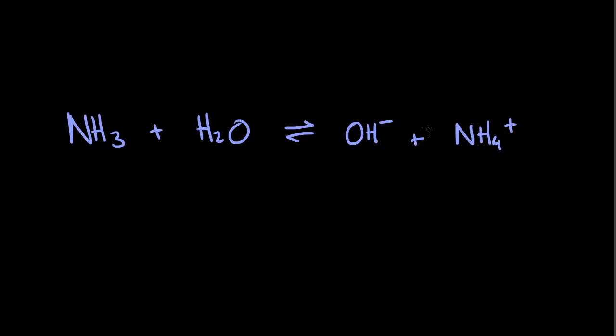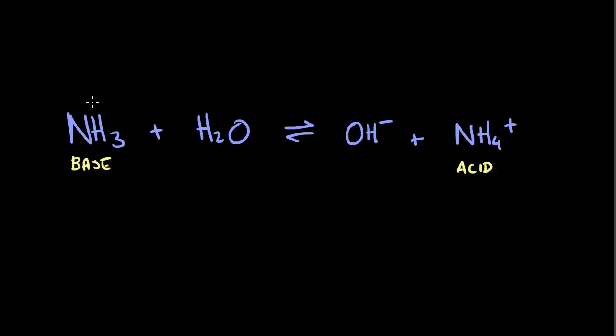The products are hydroxide and ammonium ion. The NH3 during this process is going to gain a H+, it's going to receive a proton, so it is a base, and the conjugate acid of ammonia is NH4+.